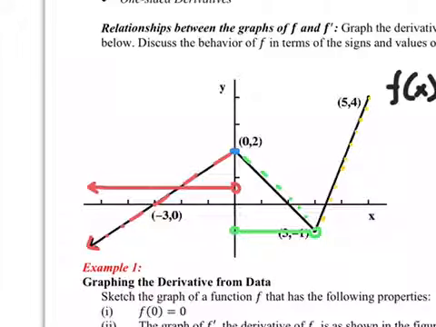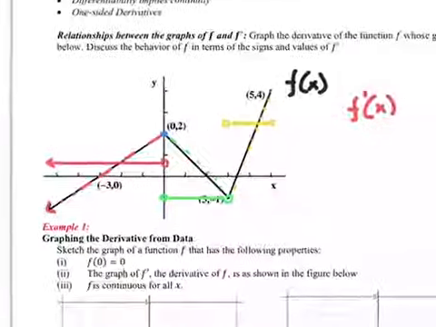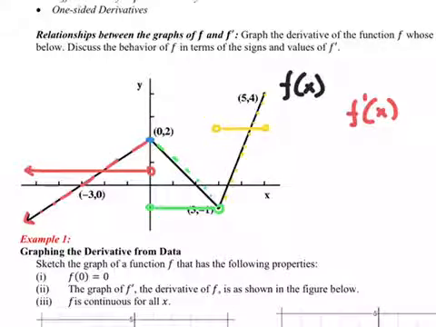I believe it's 5/3, which is just a little bit less than 3. So from x equals 3 to x equals 5, we would have a slope of 5/3. So each of those separate graphs, the red, the green, and the yellow, would form f prime of x.